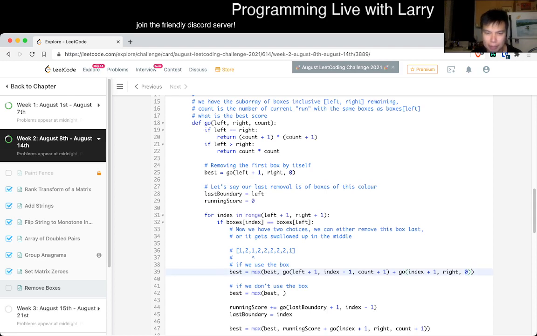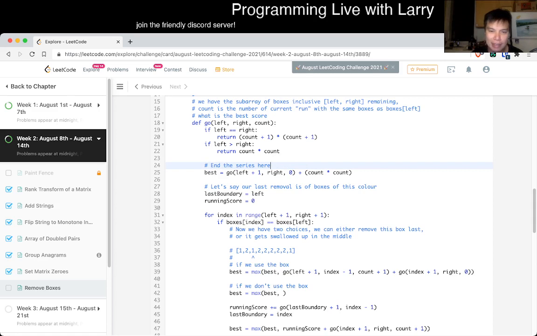But I think this is wrong. Should be plus count times count. When this is just and this is not removing, it's end the series here.